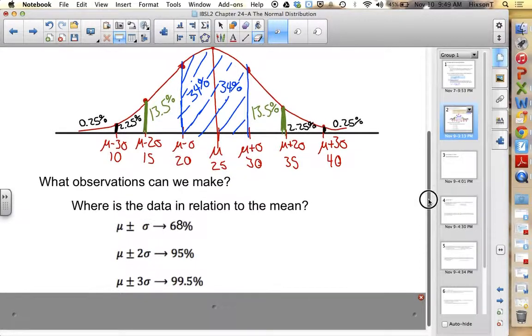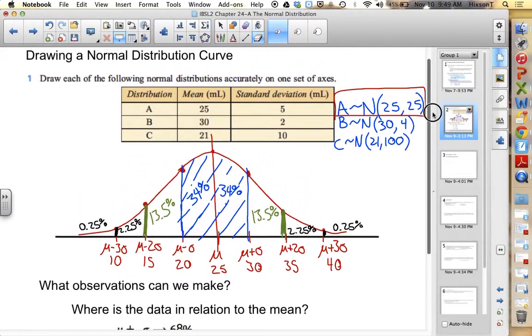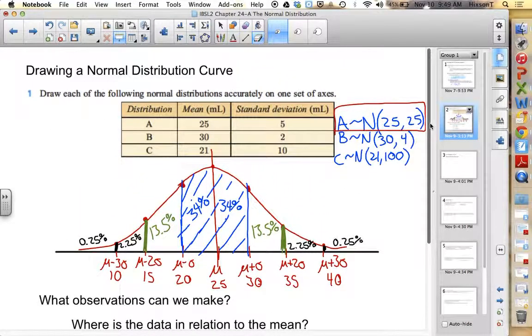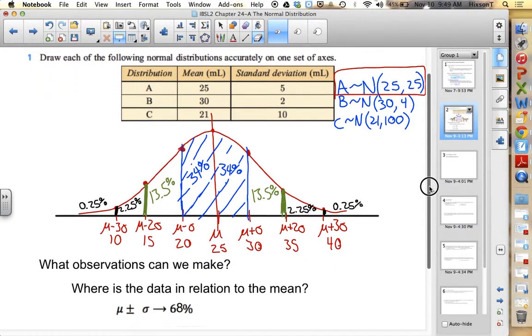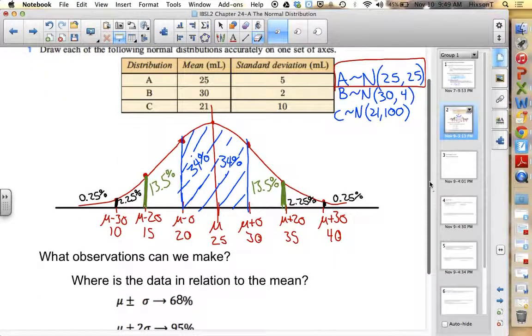Now, the other thing that I want to mention here is we have this data for B and C. Other than the fact that B has a mean of 30, so obviously the mean is going to be right here instead of at 25, look at your standard deviation.